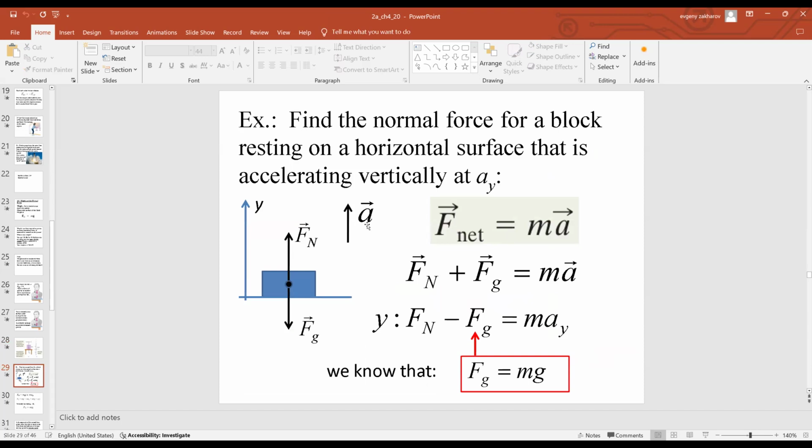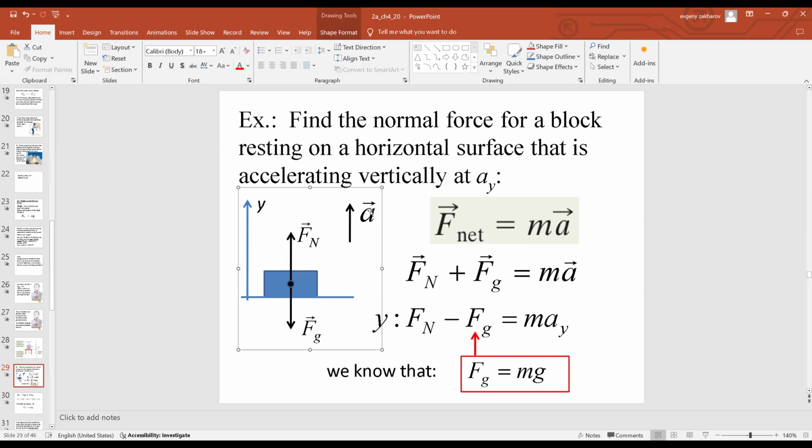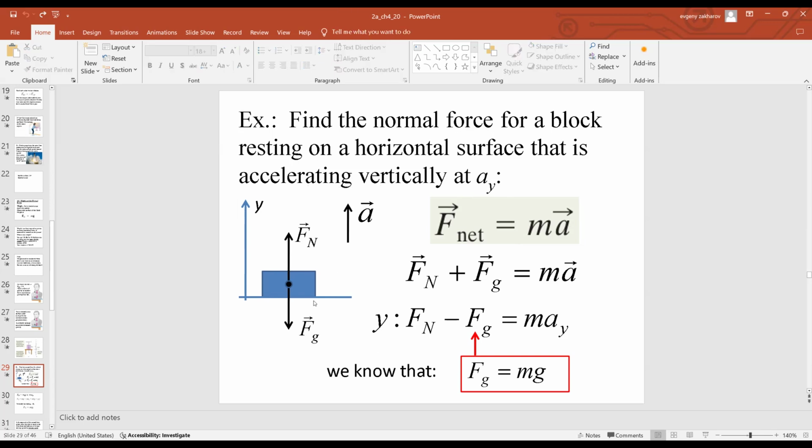So let's find the normal force for a block resting on a horizontal surface, and there is a vertical acceleration shown here. If there is a block resting on a surface, you have two forces. You've got gravity. Gravity is always there. You should always draw gravity right away, because if something's on the surface of the Earth, Earth will pull on everything with its gravity.